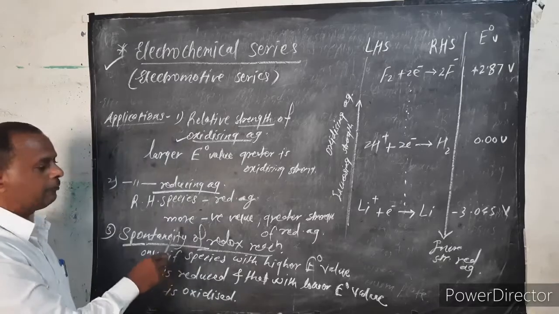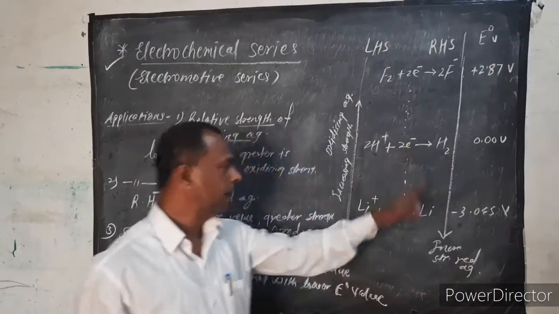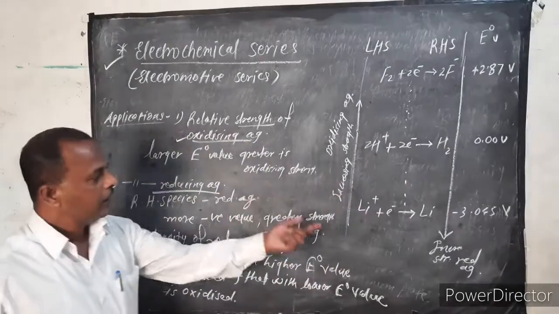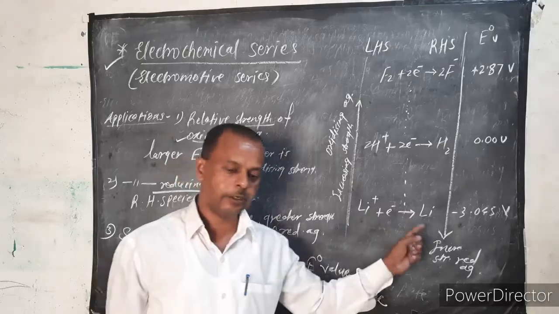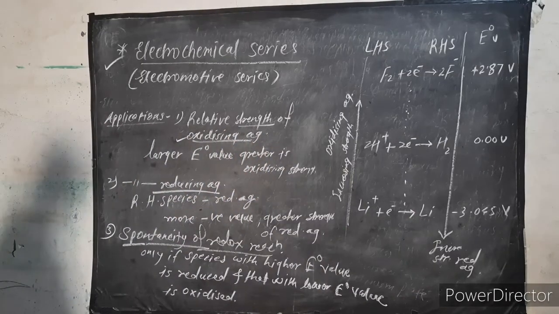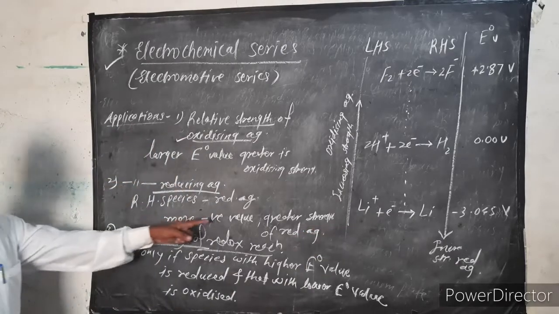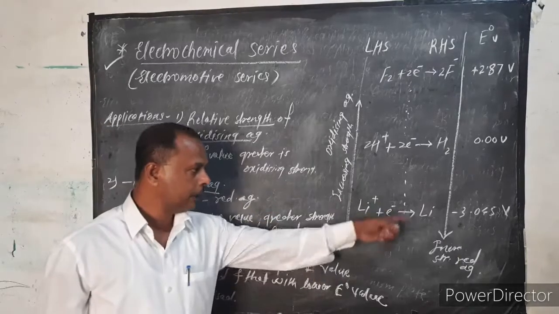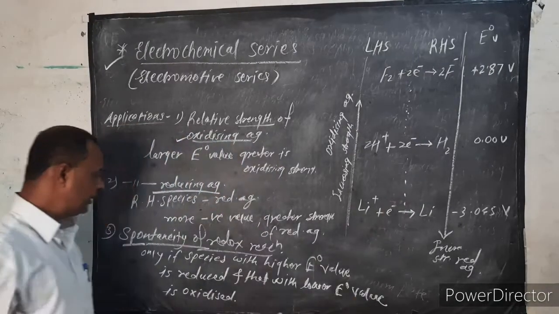The more negative the value, the greater the strength of the reducing agent. Lithium and sodium, the group one elements, are very good reducing agents. So the more negative the value, the greater the strength of the reducing agent.